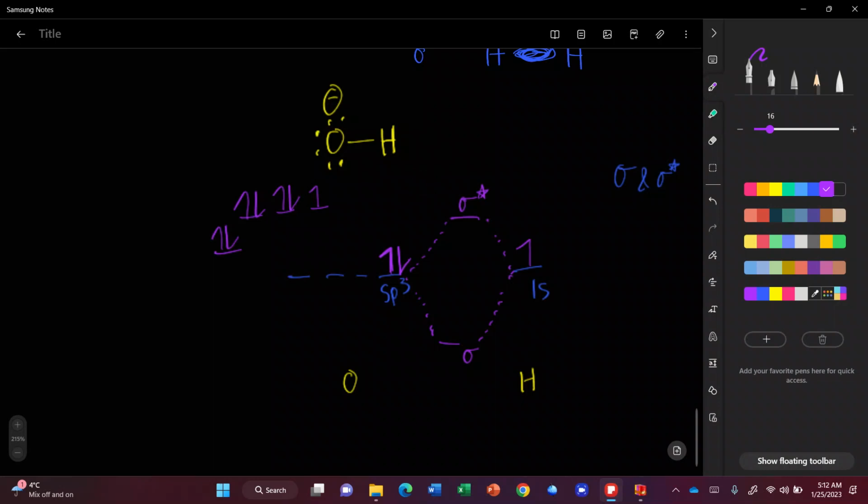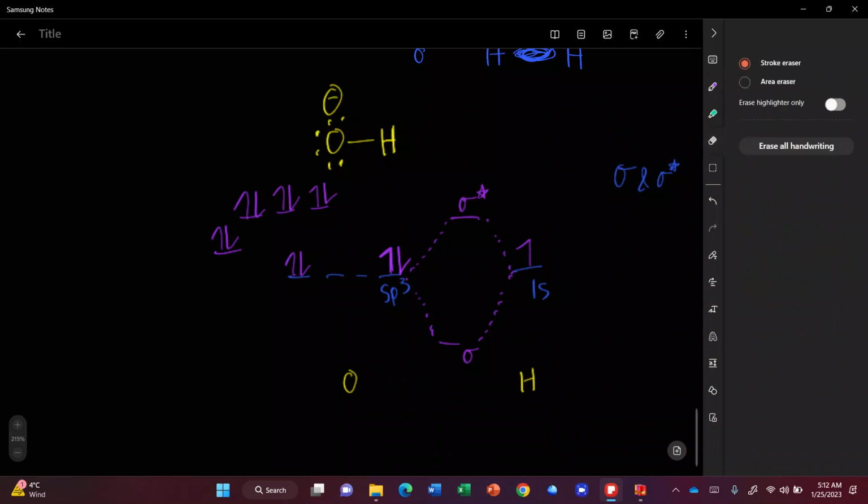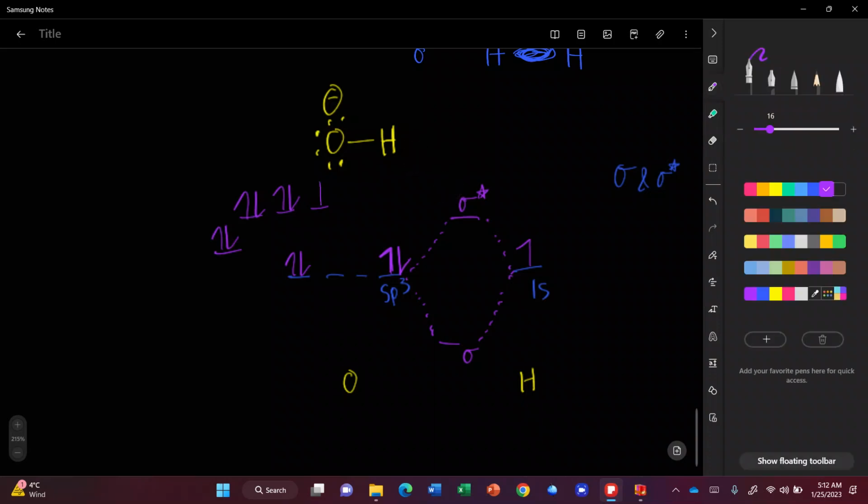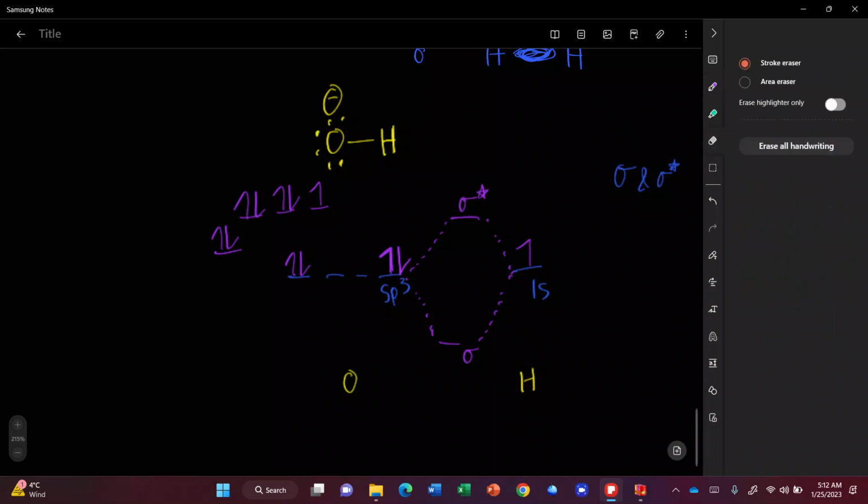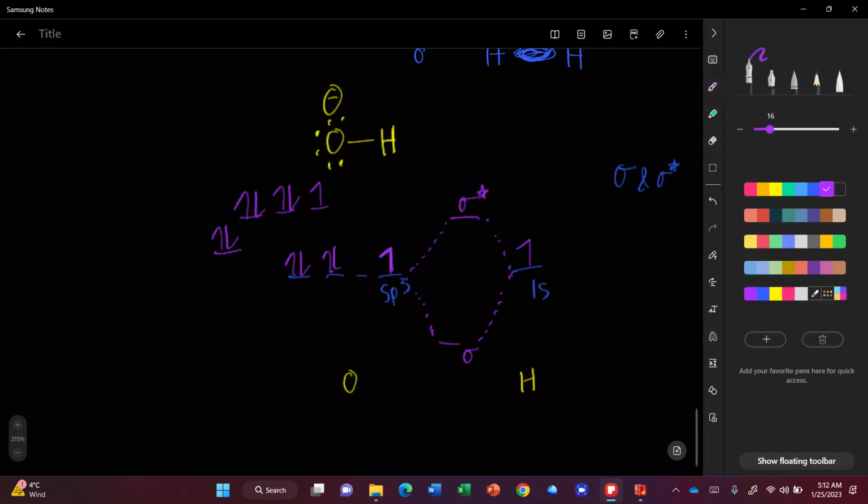When it's O minus, it means that there's an extra electron, which means that there's actually that many. 1, 2, 3, 4, 5, 6. Sorry, I really can't do math. Oxygen normally has this electron configuration, but when it's O minus, it's going to have an extra electron there. There we go. Alright, sorry I butchered that.